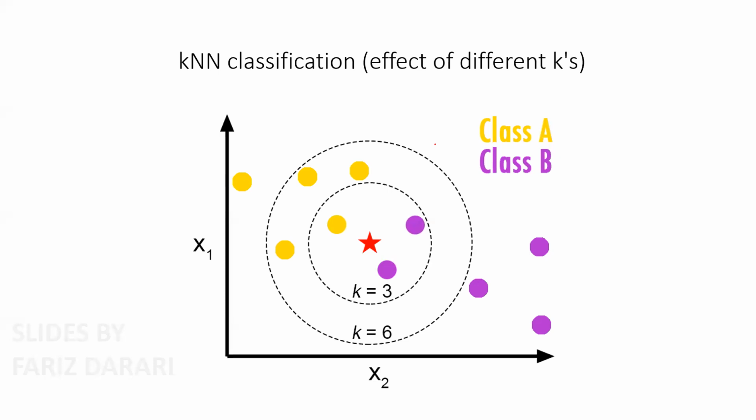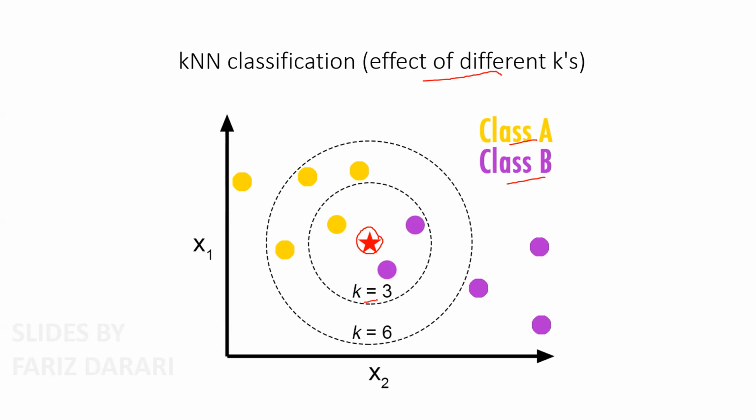We have two different classes, the yellow class and the purple class, right? And this is our new data point. We don't know yet if it would be better to be assigned class A or class B, right? Then we look at the effect of different k.